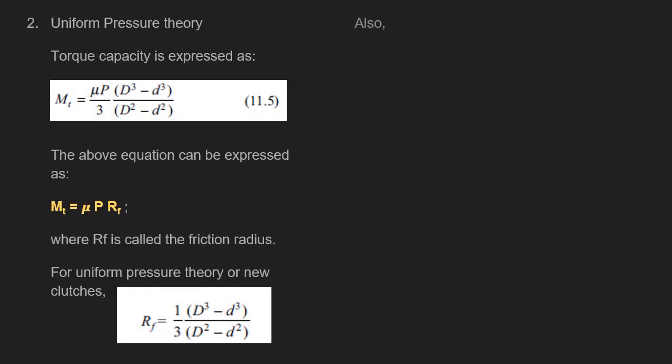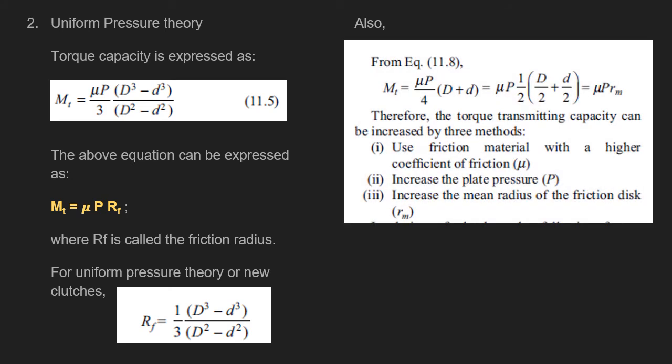All right, so looking into uniform pressure theory, you can simplify the formula given in 11.5 as mu p RF, and here the friction radius will be 1 by 3 times d cube minus d cube divided by d square minus d square, right? And so these are the two formulas for uniform pressure. Okay?